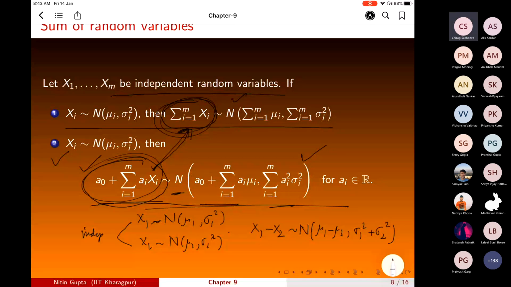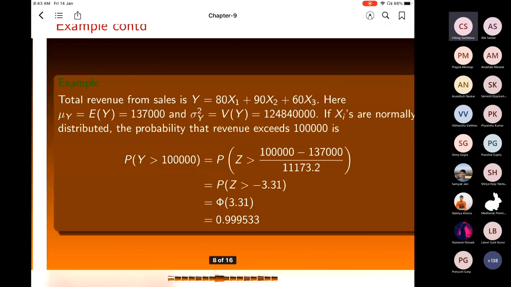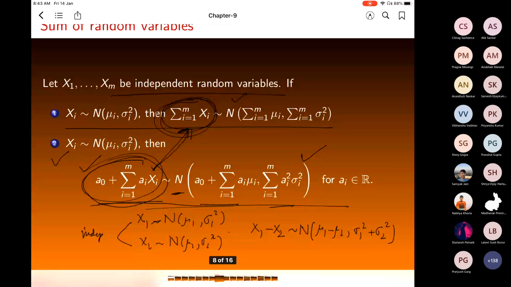Okay. Yes, sir. Sir, I have one more doubt. Suppose we have one random variable as x plus x plus x, that is x1 plus x2 plus x3, where x is already known as a normal random variable, and suppose we have another random variable as 3x, in which there is a coefficient 3.